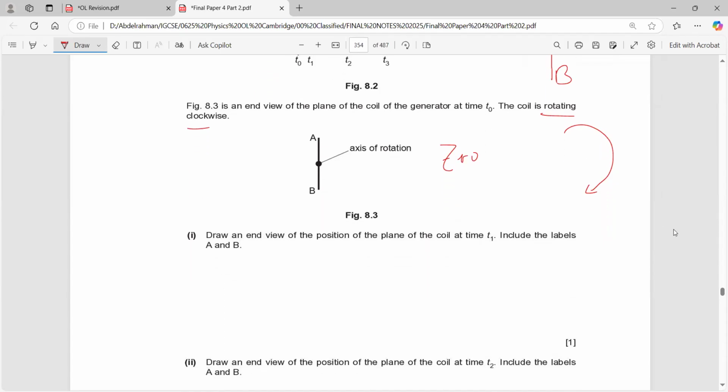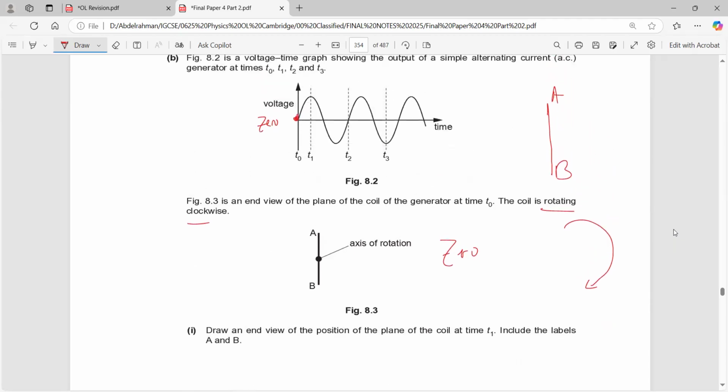Draw the end view of position at T1. Include the labels A and B. At T1, in which direction will this coil be rotated? It's rotating in a clockwise manner. How much of this rotation has it already completed at T1? If you think about it, this is 90 degrees.